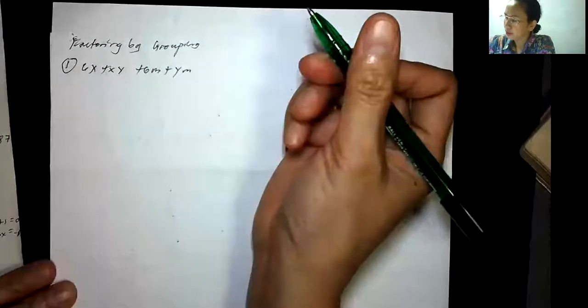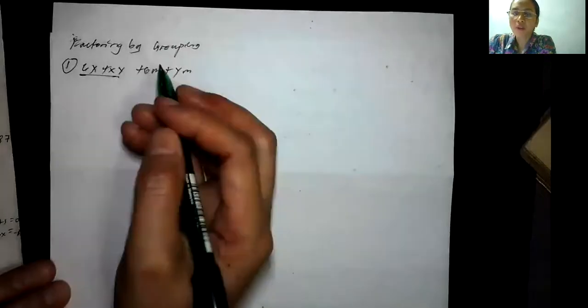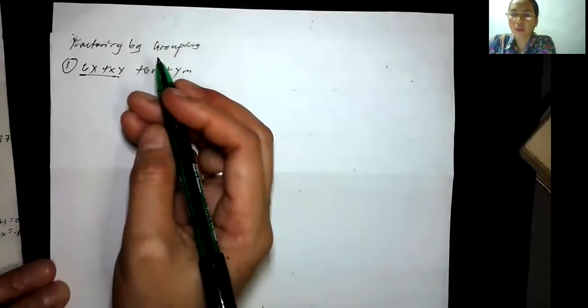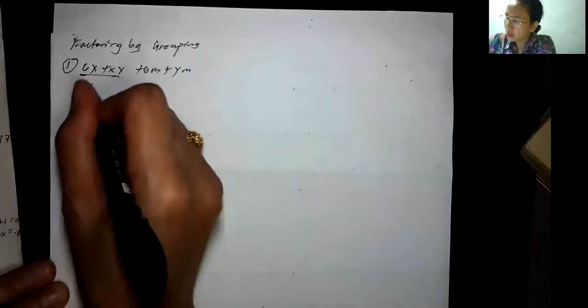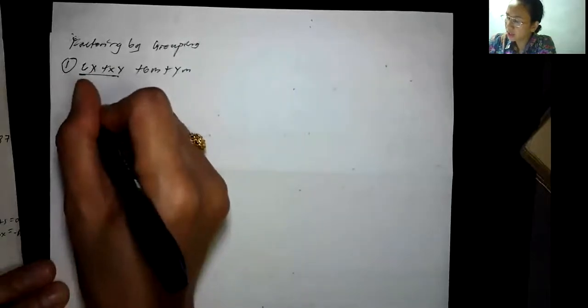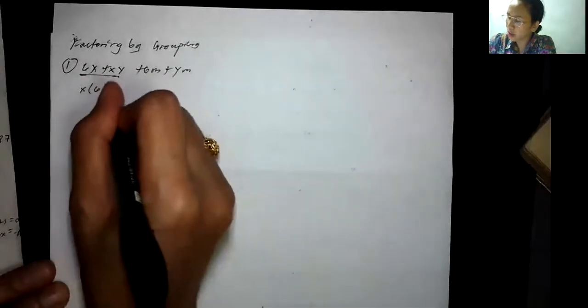Let's say we have here 6x plus xy plus 6m plus ym. So the first two terms have the same common factor, which is x. So we can write x here, then 6x divided by x, that is 6. Xy divided by x, the answer is y.